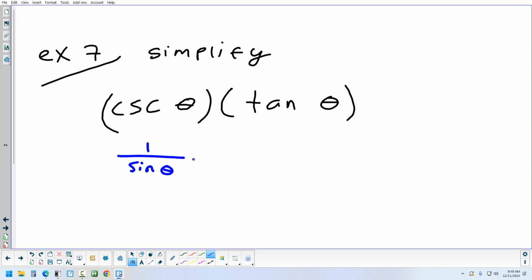What's a different way, it's the last one we just talked about, that we can write tangent? Trying to write it with sines and cosines. That's the hint here. It's sine over cosine. Now when you multiply straight across, what happens?